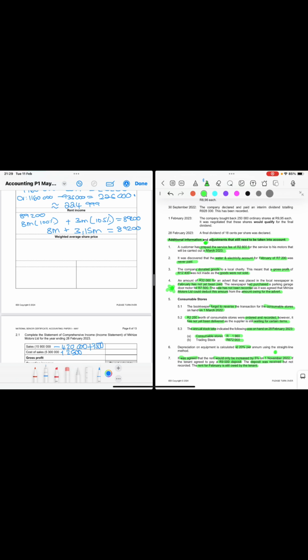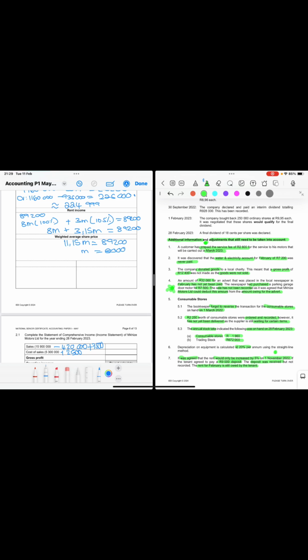And then 8 plus 3,15 would have given us 11,15. 89,200 divided by that 11,15 would have given us 8,000.